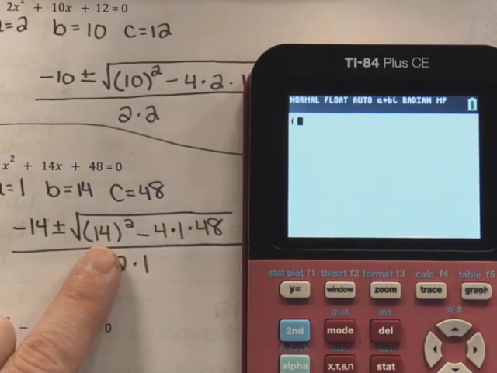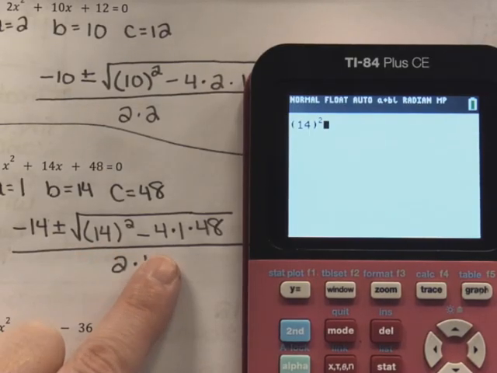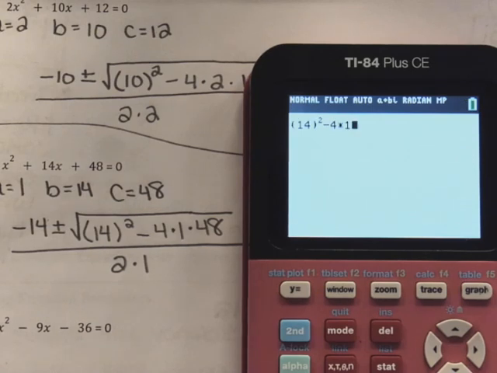Parenthesis, 1, 4, close it, hit your squared button. Your squared button should be on the left. Minus 4 times 1 times 48. And then hit enter.